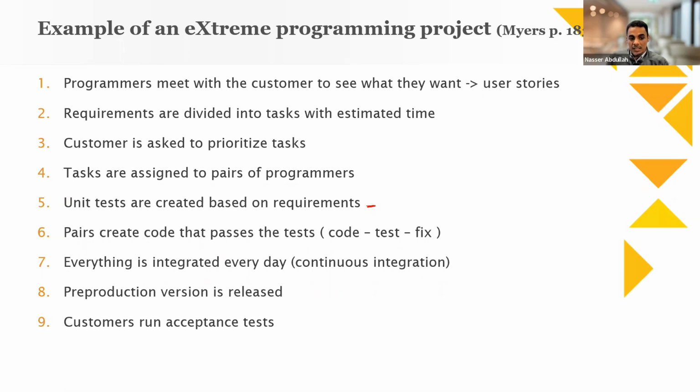Everything is integrated every day. This is what we call continuous integration. Then the pre-production version is released. So now we have a small version, and we release that. Then the customer runs the acceptance tests.